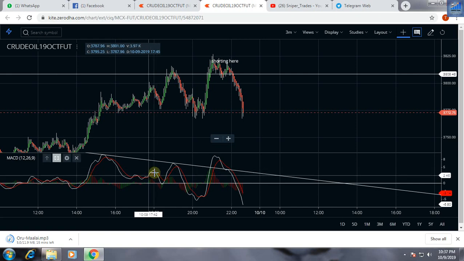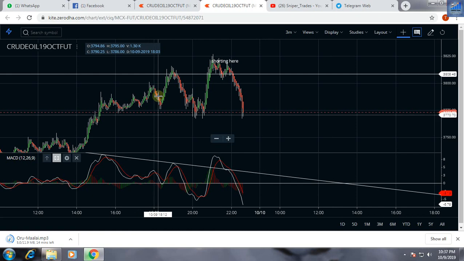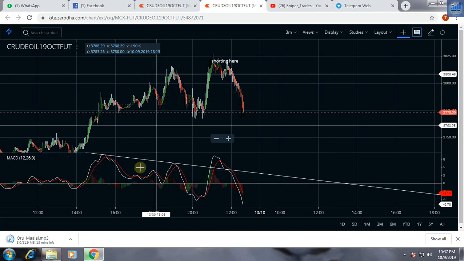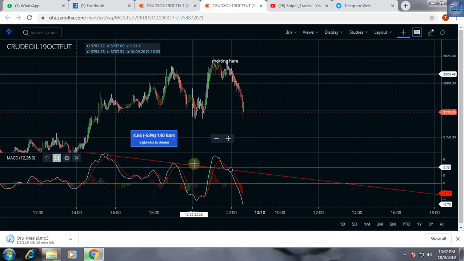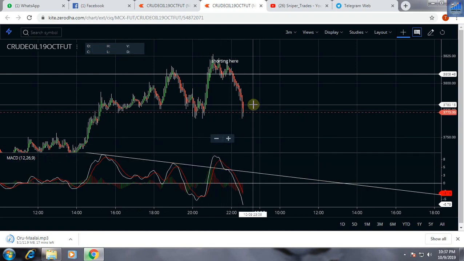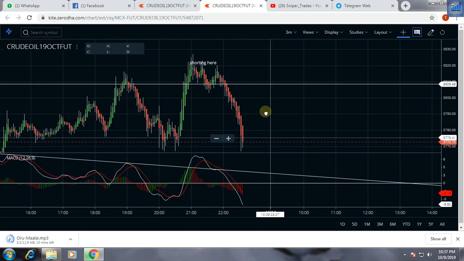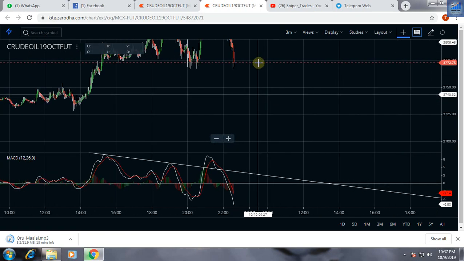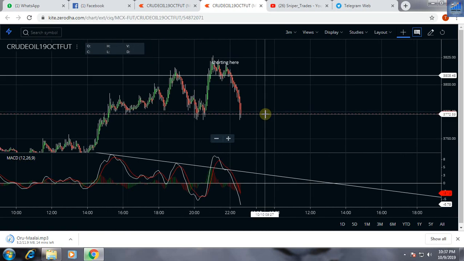Here also the MACD line has crossed downwards the signal line, giving us a sell signal, but the price has moved only a little. So after violating the path, if the MACD line gives us a sell signal, it will be a good opportunity in most cases. Sometimes it will be a false signal, as that is unavoidable.